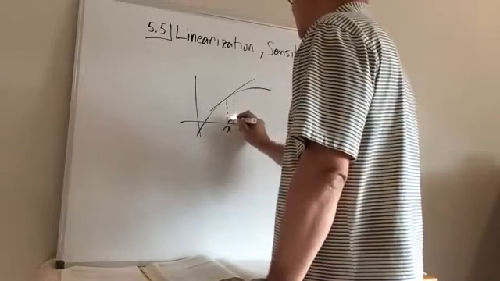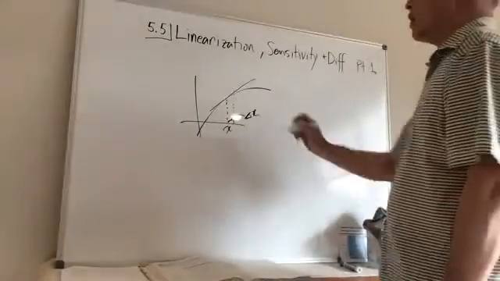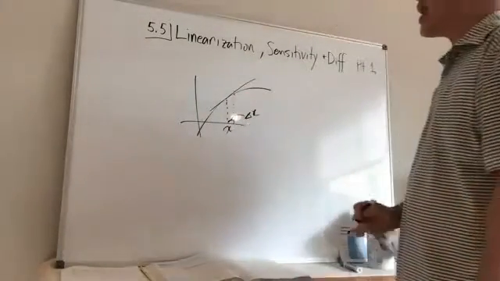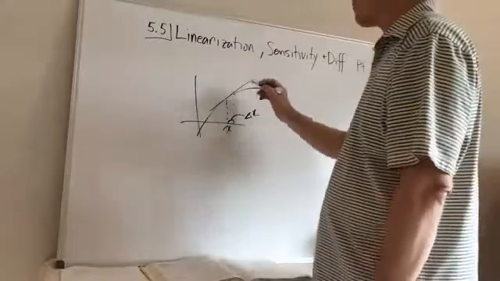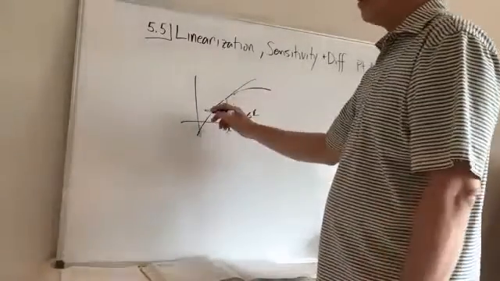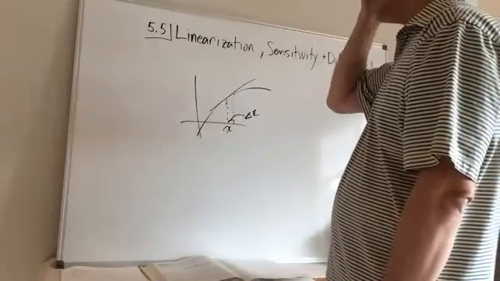Let's say this is a delta x. If I have a small delta x here, instead of using the actual value, I'm going to use that tangent line to approximate that value. And that's what linearization means.